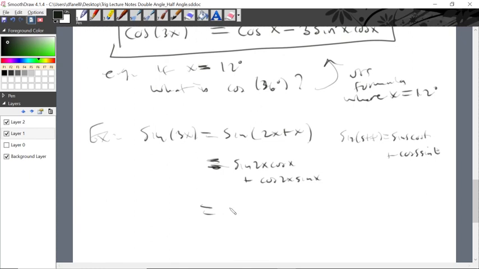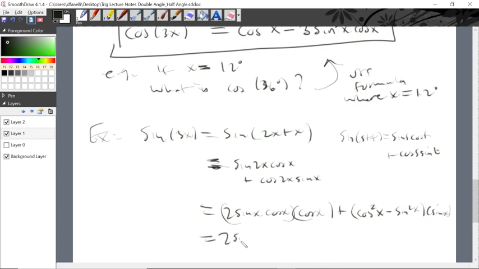We can then write sine of 2x as 2 sine x cosine x, and then that gets multiplied by the other cosine x that's already here. Plus, and then we have a cosine of 2x. How about if I take cosine squared x minus sine squared x, and then times sine x, for example. So I'm re-expressing the sine of 3x in terms of only functions of x.